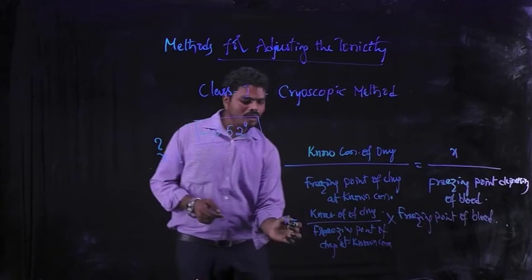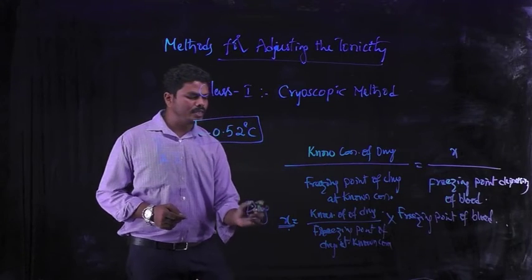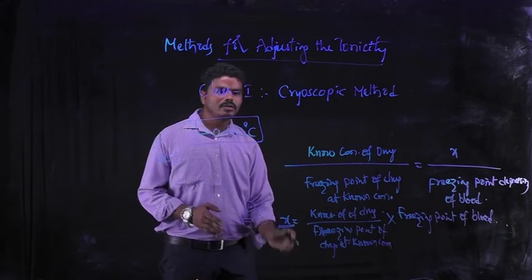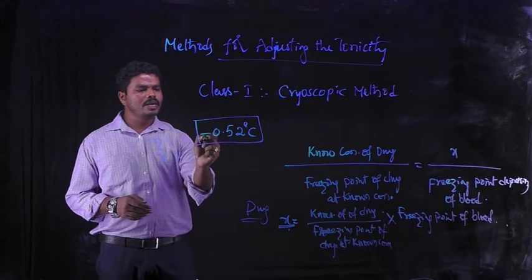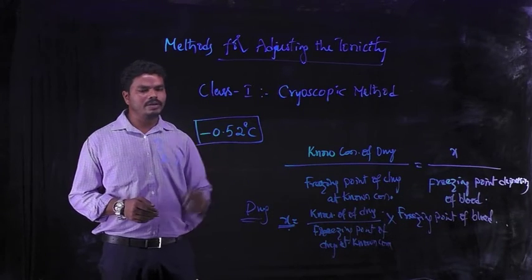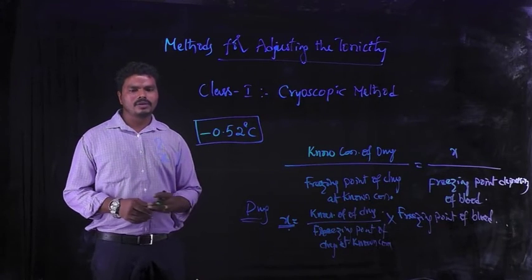Then we get how much amount of the drug substance is required to produce the isotonic solution, that means the solution having the same freezing point as that of the blood. Okay, so this is one method to adjust the tonicity.